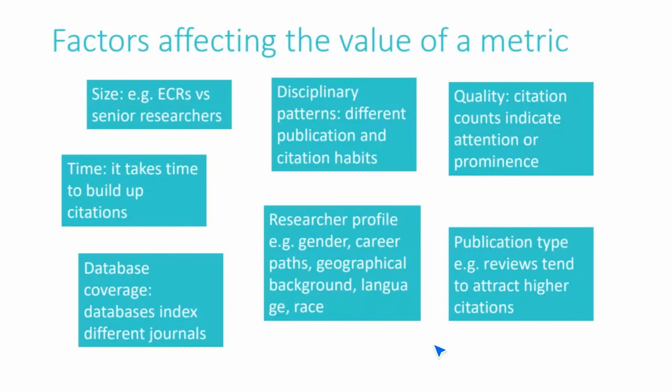So just lots to talk about on this topic, but I'm just covering it very briefly, that we need to be aware of these differences and these factors that can affect the value of the metrics. So if you are using bibliometrics, and you are having a look at researchers' metrics, you need to be aware of some of these factors and make sure that you use metrics responsibly.